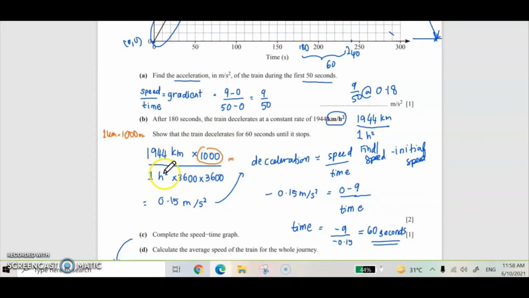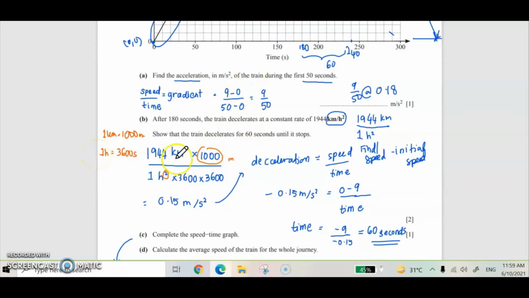And then 1 hour, since here is second, so this part awak kena alert. Bila second means that awak kena tukar dia 2 kali. You kena square kan 3600. Kenapa 3600? Okay, it's actually come from 1 hour is equal to 3600 seconds. Sebab 1 hour sama dengan 60 minit.